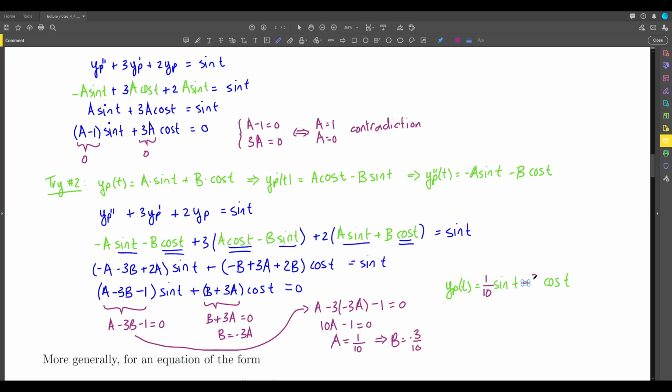And so minus 3 over 10 cosine t. That is our particular solution that works.